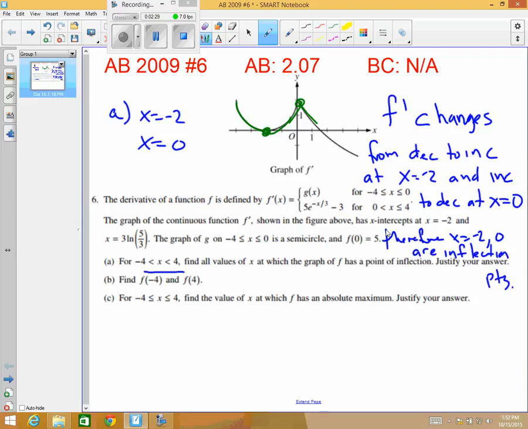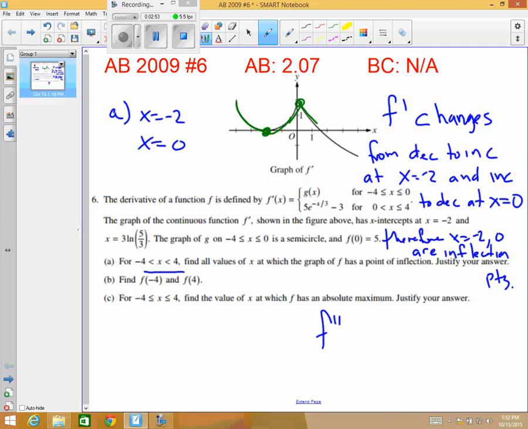Notice I said f prime changes from decreasing to increasing, not from negative to positive or positive to negative. You could say something changes from positive to negative, but in that case you'd have to say f prime changes from negative to positive at x equals -2, and f prime changes from positive to negative at x equals 0.